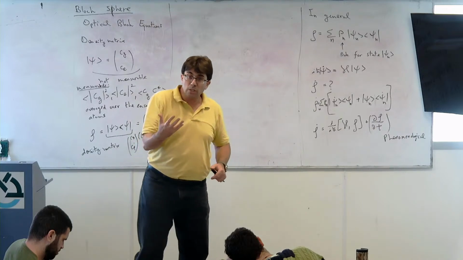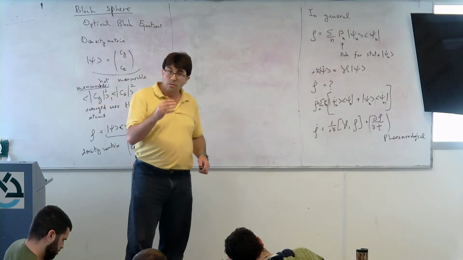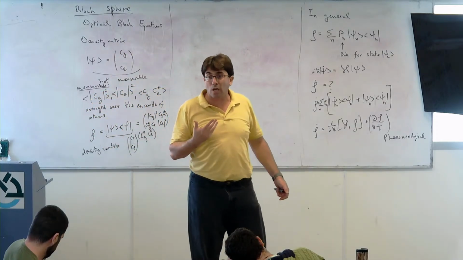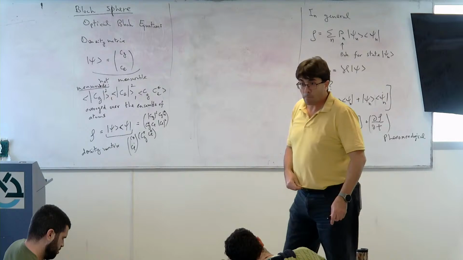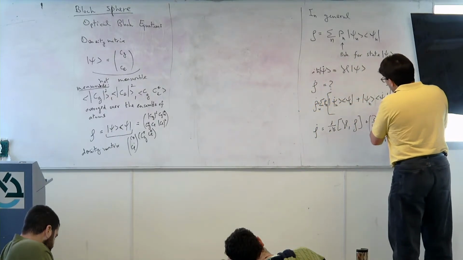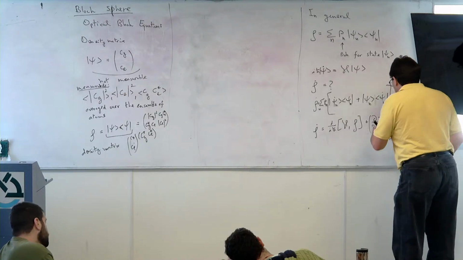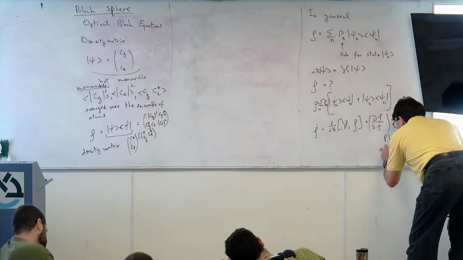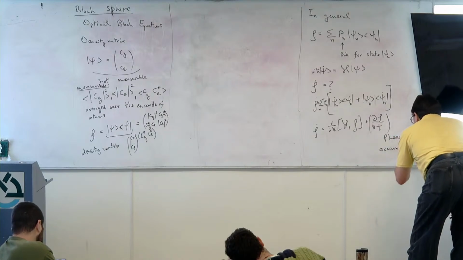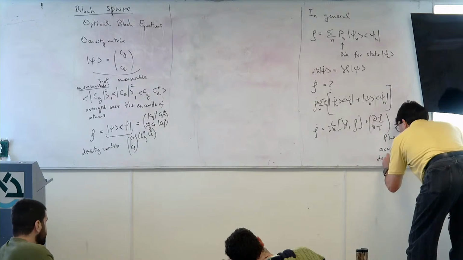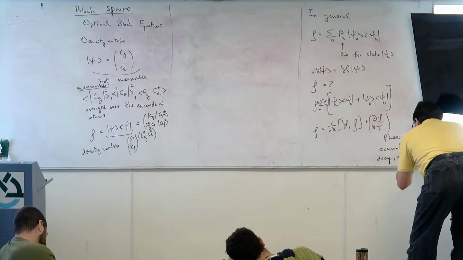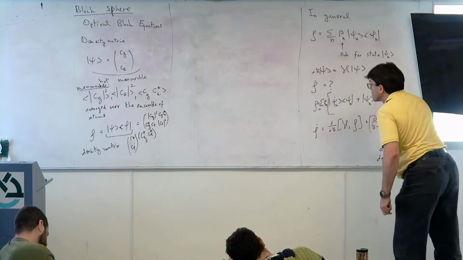The problem is always with the time-dependent stuff, that they're not staying, and I don't know them, so I cannot compensate for them. So this is a phenomenological thing that we will introduce by hand to account for decays, decoherence, and so on.